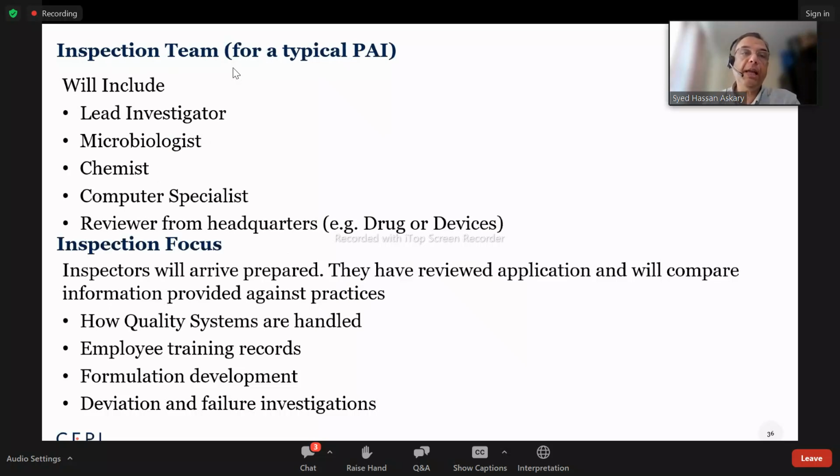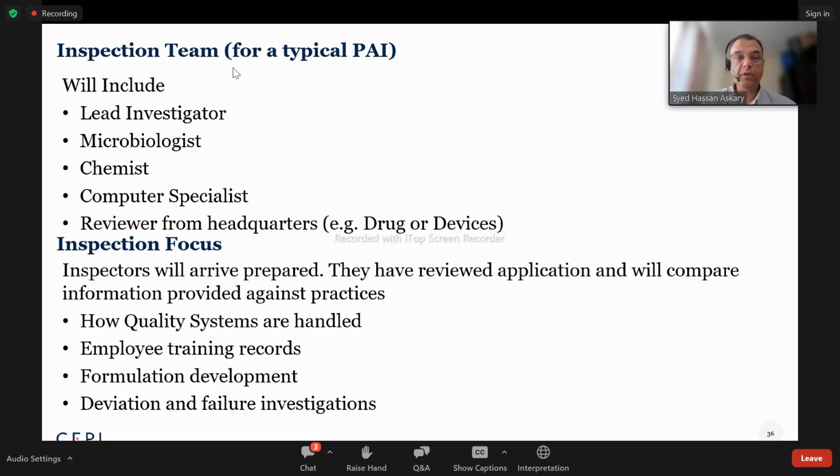For a typical PAI, prior approval inspection, let's say for a new product, this is typical terminology that FDA uses. The inspection team would include a lead investigator, a microbiologist to see all the data, for vaccines specifically, and a chemist for the chemical tests, and the microbiologist for the potency test, and the computer systems, and they will review from headquarters drug or devices.